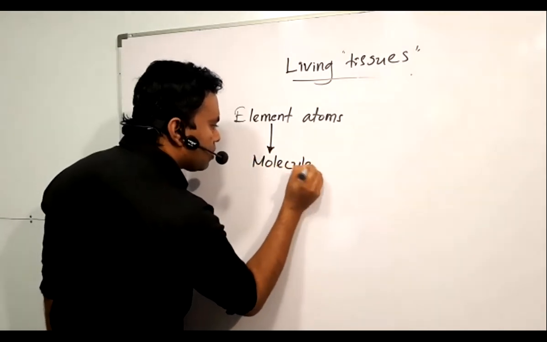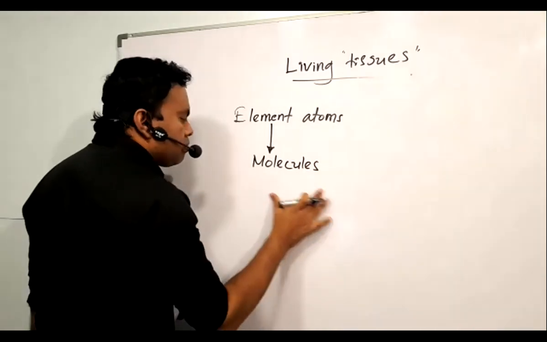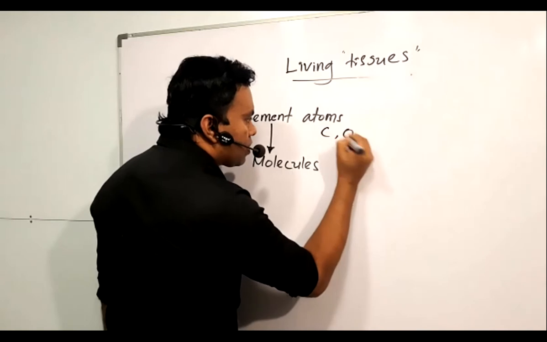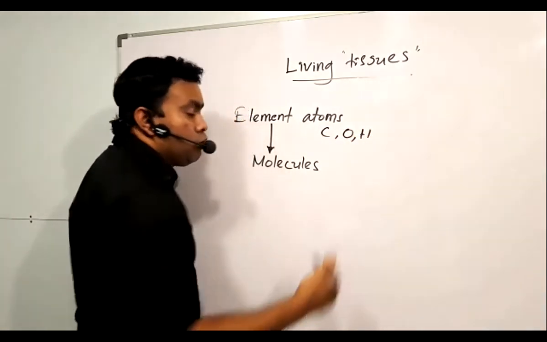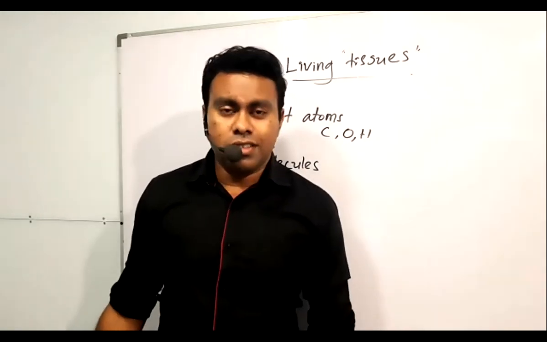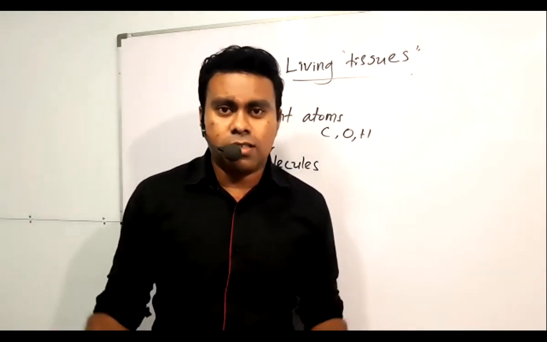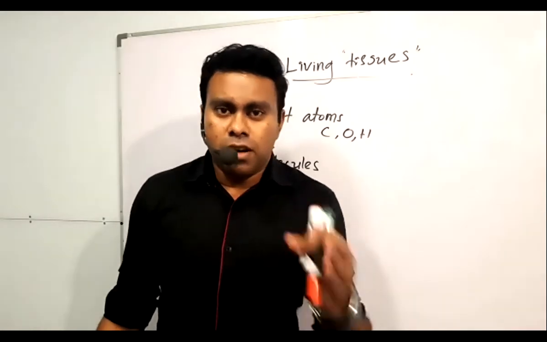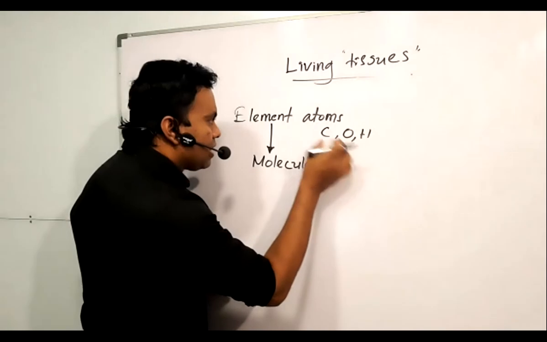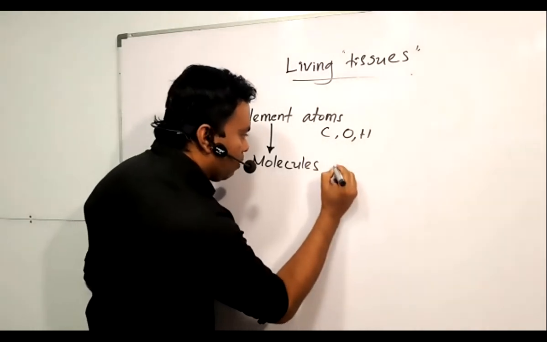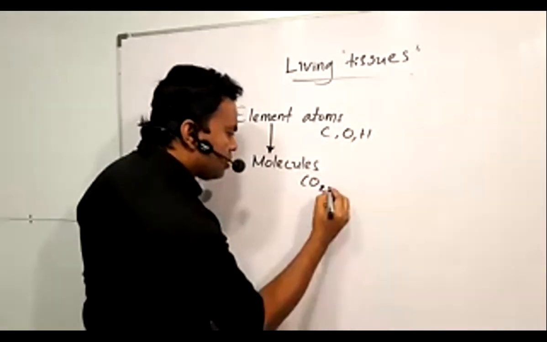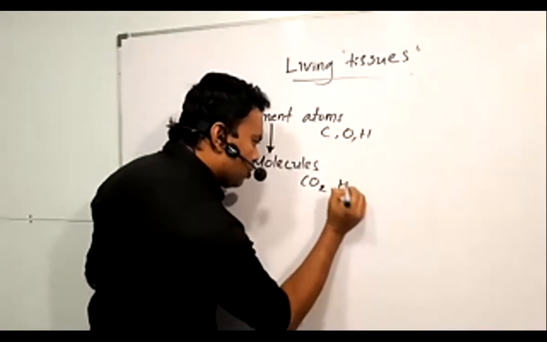Molecules. These molecules, like carbon atoms, oxygen, hydrogen, you know them from grade 10, the major elemental constituents that exist in major biological compounds. So carbon and oxygen element atoms combine together to form carbon dioxide, and oxygen and hydrogen form simple molecules like H2O.